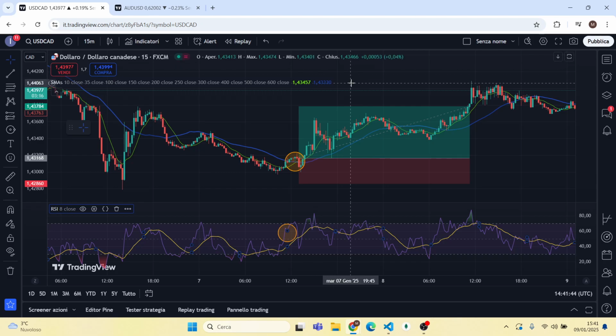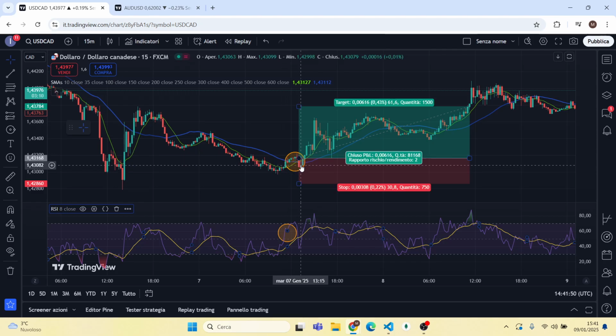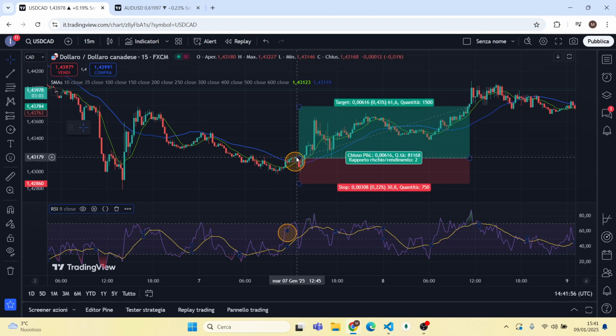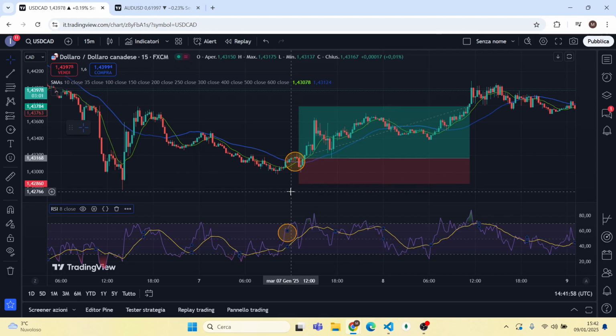So what are the conditions in order to open a position? First of all, you will have to check that the simple moving average 10 goes above simple moving average 35. Here it happens. And then you have to check also that RSI is above 55. And here, as you can see, it's above 55.